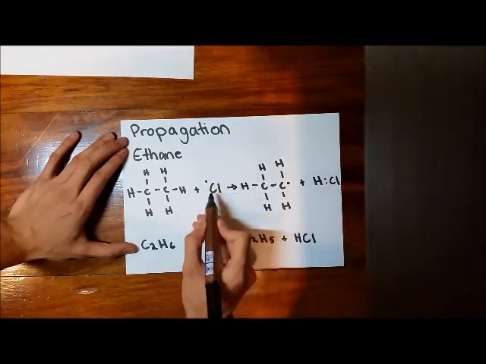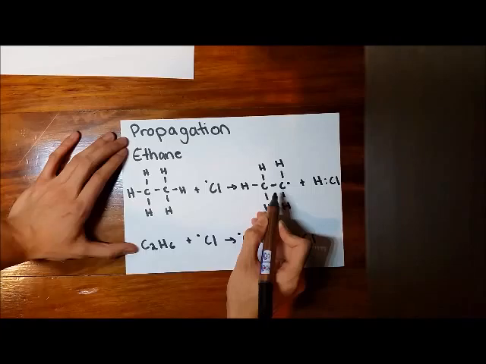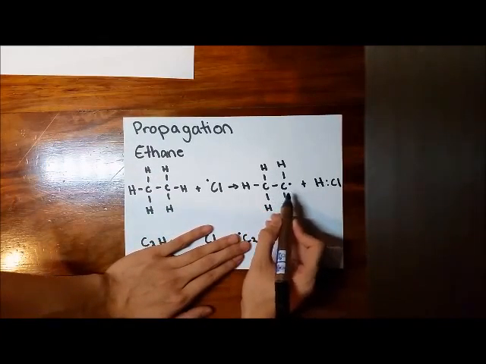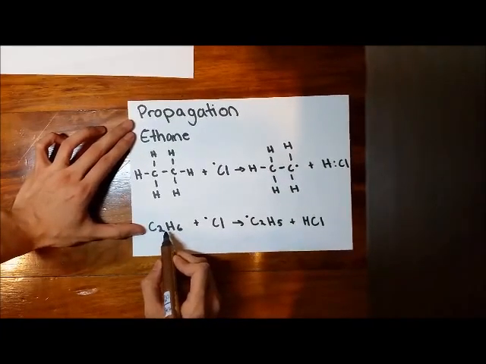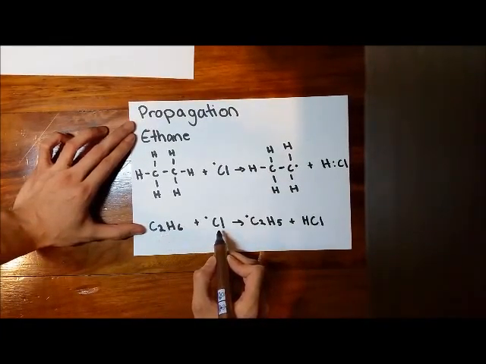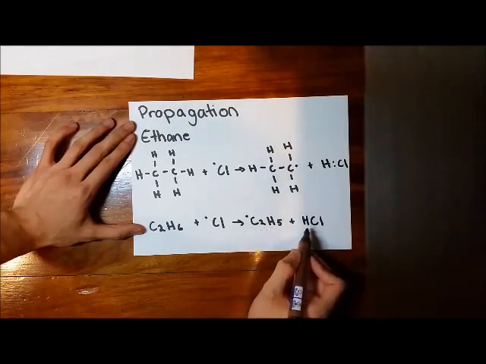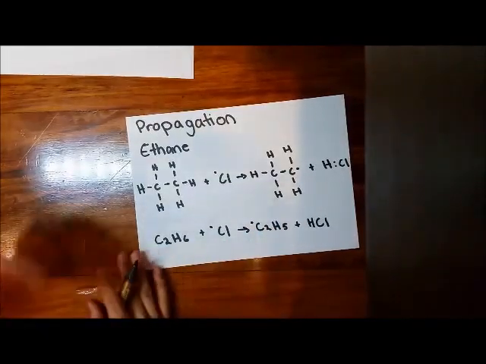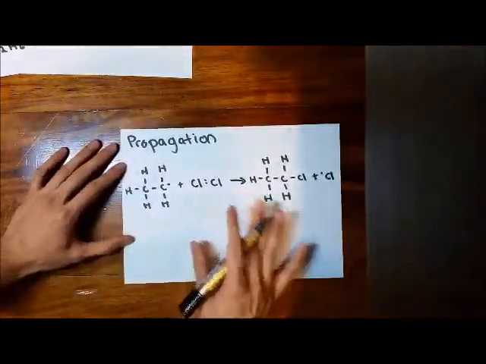So we can see here the ethyl radical is formed plus HCl, and we can see a bit clearer here: C2H6, which is ethane, plus Cl free radical becomes an ethyl radical plus HCl. And this is the first stage of the propagation reaction, and this allows for a chain reaction to occur for the second part of the propagation reaction to occur.